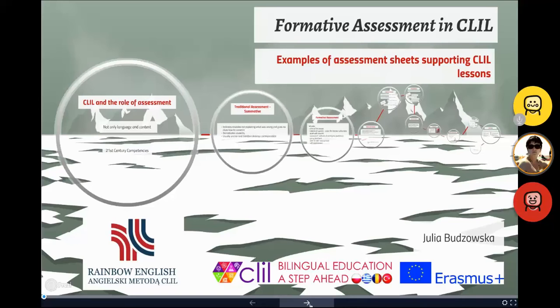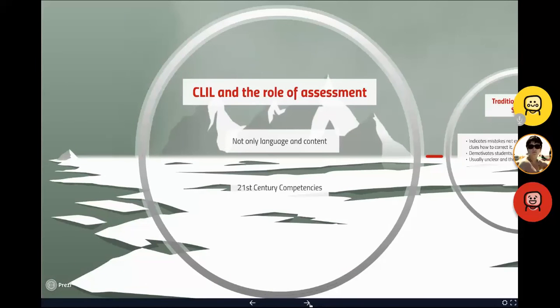CLIL and the role of the assessment. Whenever you come across any introductions to CLIL, you can see that it concerns not only the content or the language teaching, but also other things like culture and citizenship.